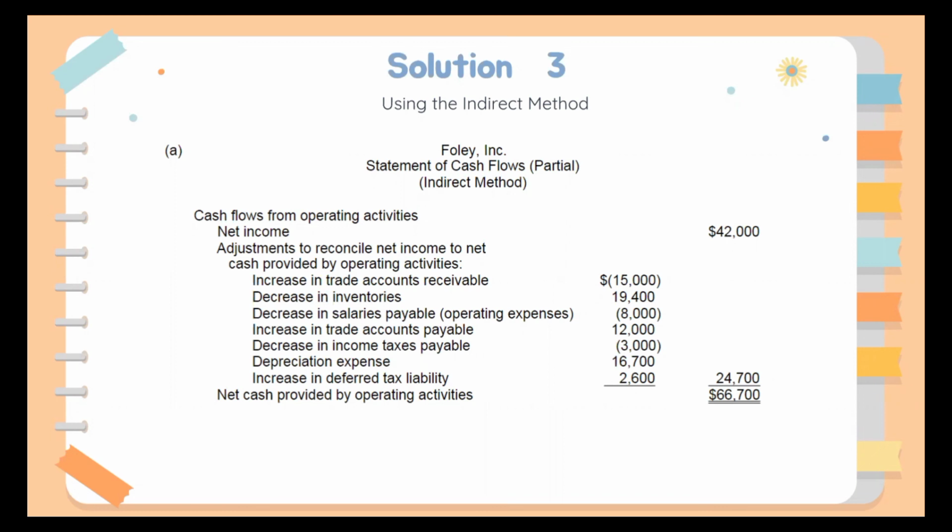Tapos, yung depreciation expense, 16,700. Tapos, increase in deferred tax liability, matik siya na increase, ibig sabihin added siya doon sa adjustment. So for those adjustments, the total of it is 24,700. Tapos i-add natin yung net income na 42,000, kaya nakuha yung net cash provided by operating activities na 66,700.